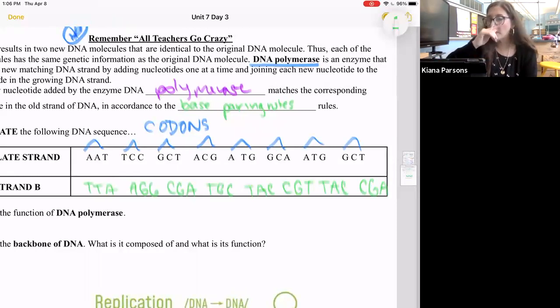All right, all according to the base pairing rules. All teachers go crazy.